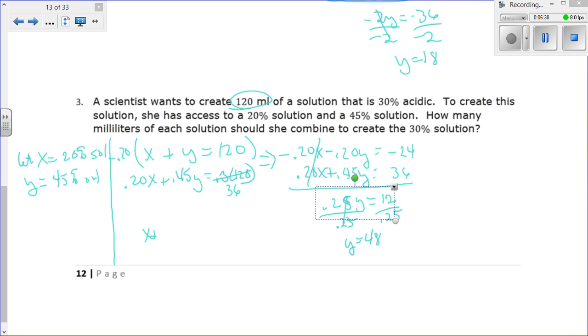So x plus 48 equals 120. Subtract the 48. So x equals 72.